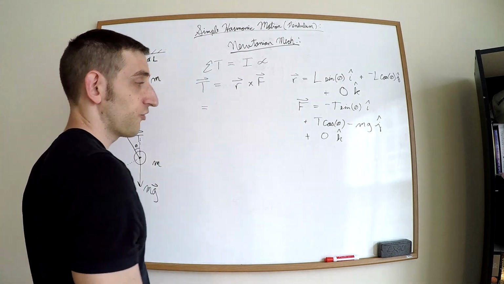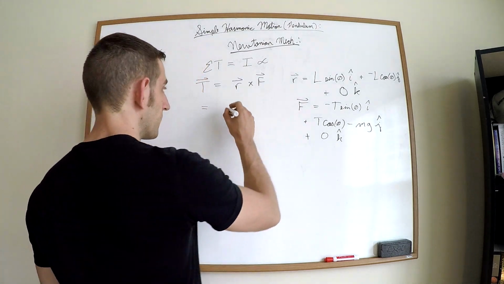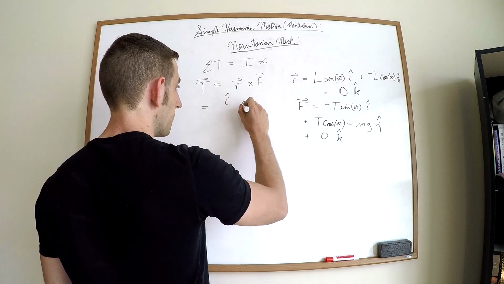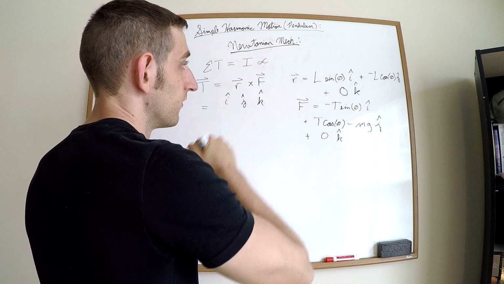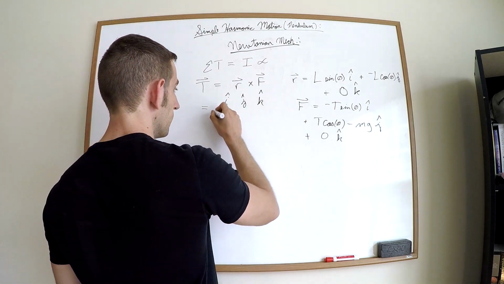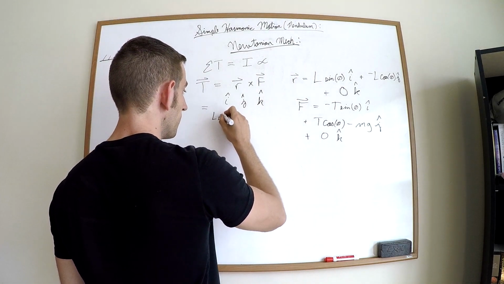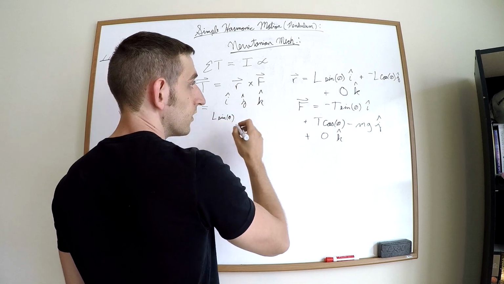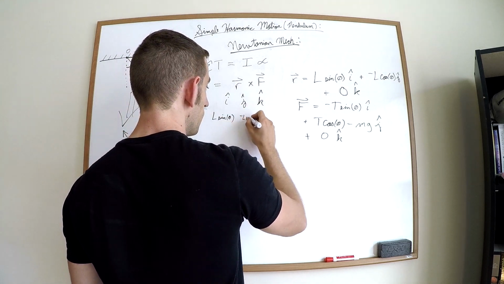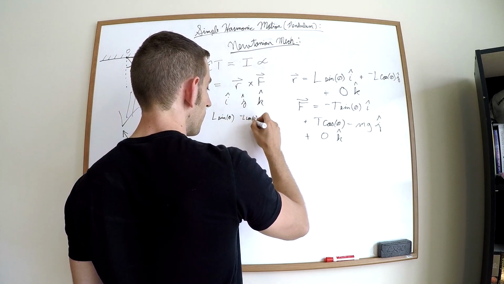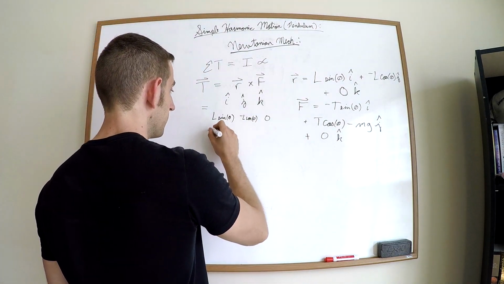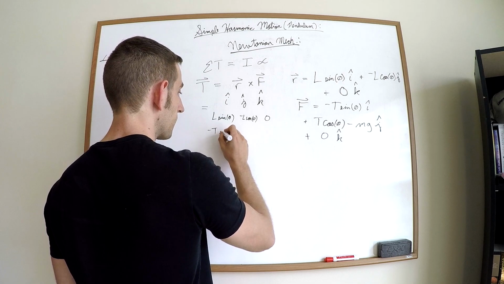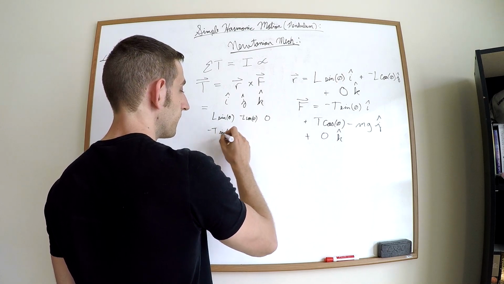So, what we want to do is define this cross product. Okay. We're going to have i, j, k. We're going to have R dimensions. So, we have L sine theta, negative L cosine theta, and 0. For F, we're going to have negative T sine theta.